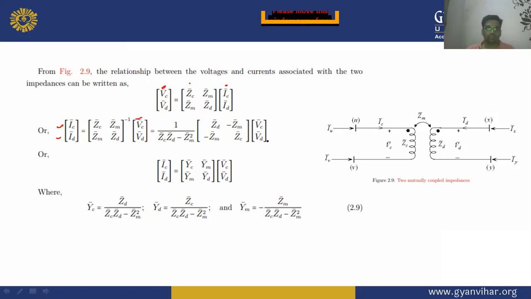When we do this, the current vector [IC; ID] will be equal to [YC Ym; Ym YD] times [VC; VD].